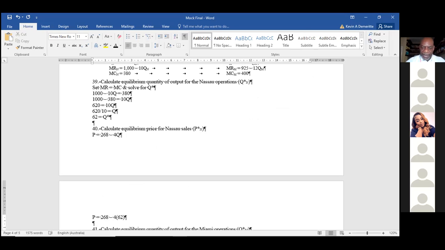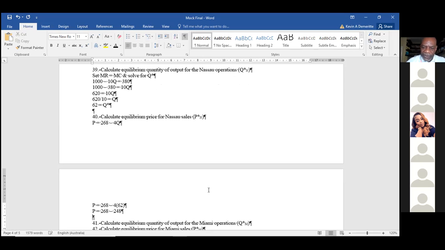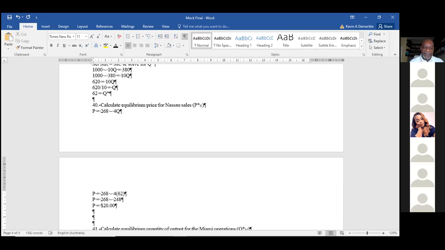P therefore is equal to 268 minus what's 4 times 62? 248. Therefore, the price that we're going to charge for our poinsettias in Nassau would be $20. Isn't that convenient? It's still expensive. You're charging $20 a plant.